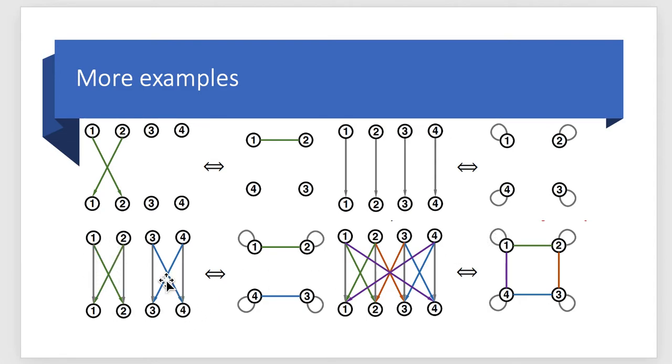For this example, they have the self loops, and they have the links from 1 to 2 and 2 to 1, 3 to 4, and 4 to 3. So we just link 1, 2, and 3, 4, and add 4 more self loops. Here's another example. The only difference is 1 does not connect to 3, 2 does not connect to 4, 3 does not connect to 1, and 4 does not connect to 2. So there is no cross line in this graph.